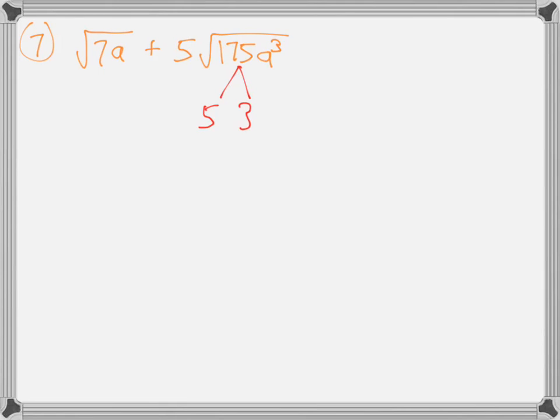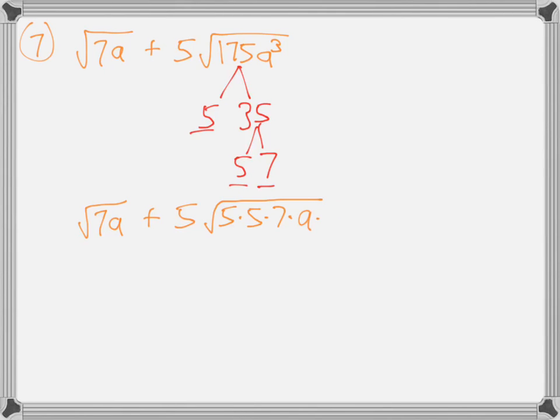Is it 35? And then break that down. So 5, 7. So 5, 5, 7. So what do we have? Square root of 7a plus 5 square root of 5, 5, 7. And a cubed, remember, is a.